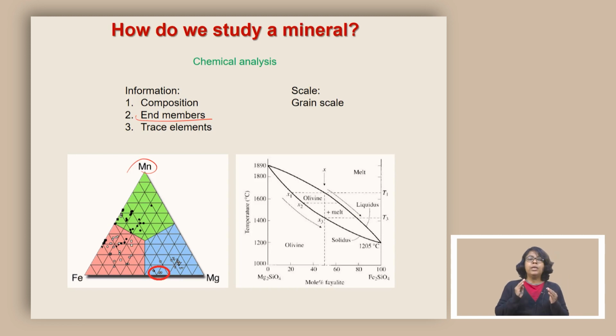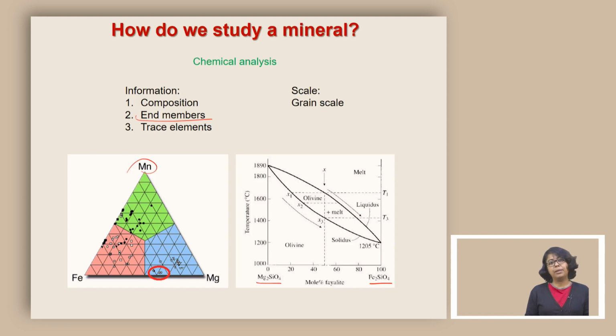Now, we are going into much more detailed fashion. So, for example, if we are talking about olivine, there can be end members that we already talked about at some point of time, that there can be forsterite and fayalite. These are the end members of olivine, but there cannot be a fixed proportion of forsterite and fayalite that you will find in all olivines.